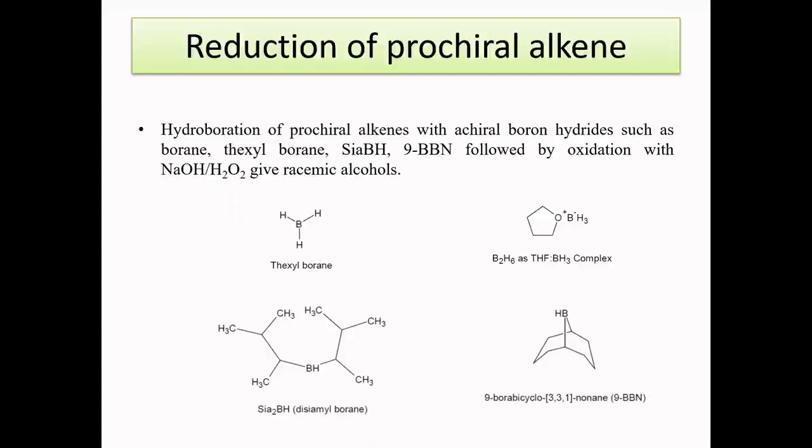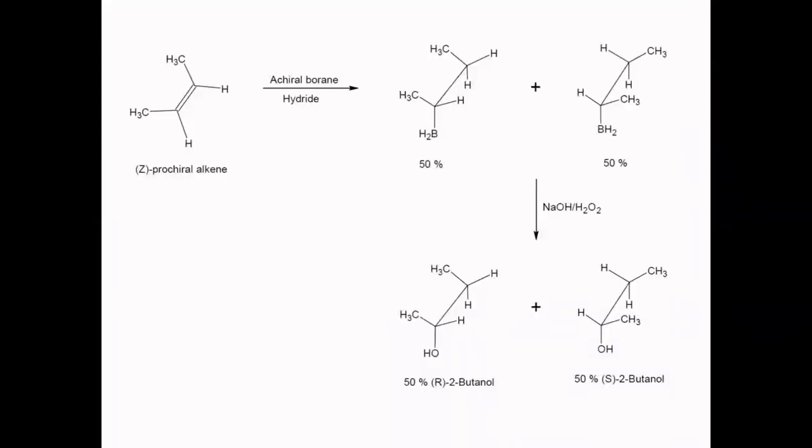But all these boron hydrides are going to give me the racemic reaction. For example, if you can see this is your Z prochiral alkene. When this is undergoing the reaction, you can see the reduction will occur at this particular carbon. See, this is your boron catalyst, right?